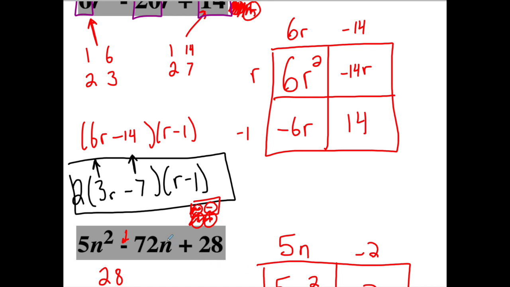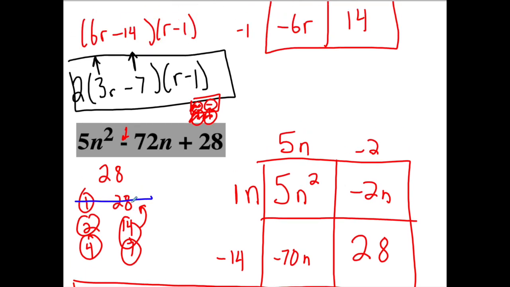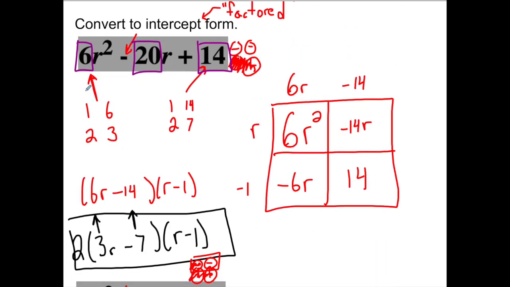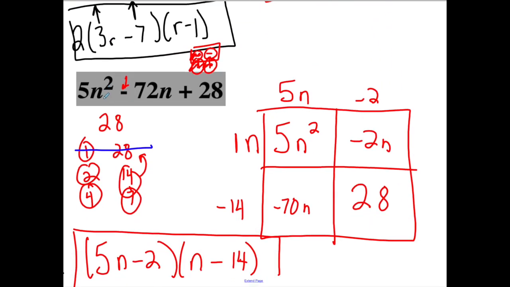So we should have this out front, and that's something we're going to have to continue to work towards. Okay, factoring out that GCF. And finally, and by the way, factoring out the GCF, if you think about it, and hopefully we'll have a chance to talk about that, actually will make the problem significantly easier. Okay, so finally we get 5n minus 2 times n minus 14.